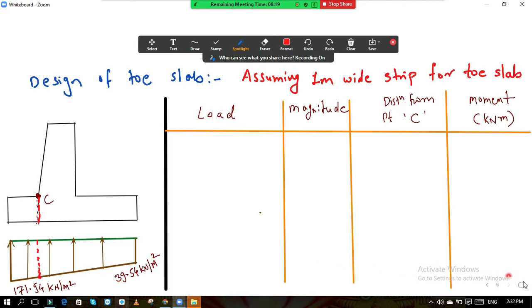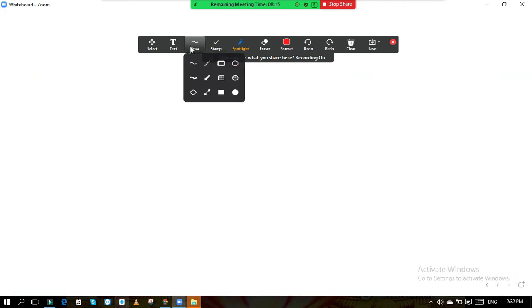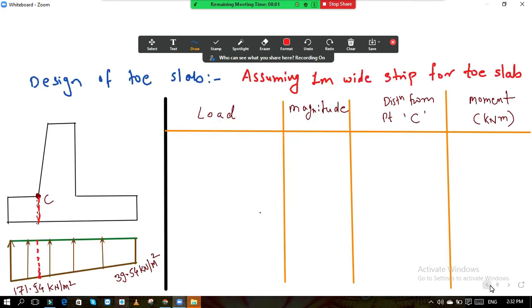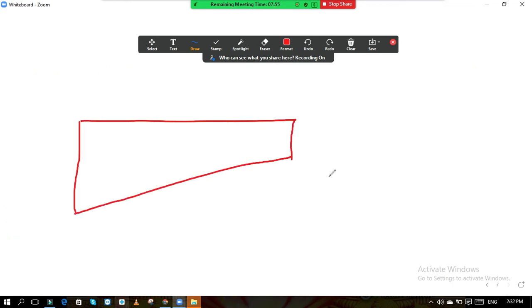Okay. So it is now, जर तुम्हाला दाखवायचं असेल तर suppose this is our trapezoid. It is like this. किती आले त्यांच्या व्हॅल्यू 39.54, 171.94. So this is your 39.54, 171.94, and this total base is of 3 meter.